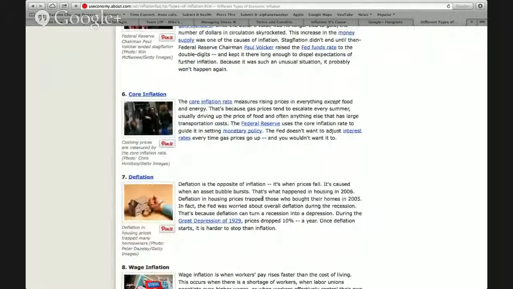And it says here that core inflation measures rising prices except food and energy. And it says that's because gas prices escalate every summer because there's more driving. Now, okay, let's take a look at this here. The 2 things it doesn't include are food and energy. And often, well, I'll give you one example.